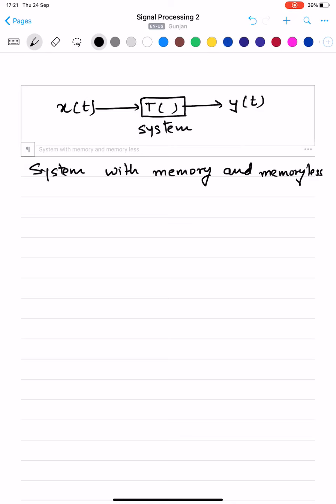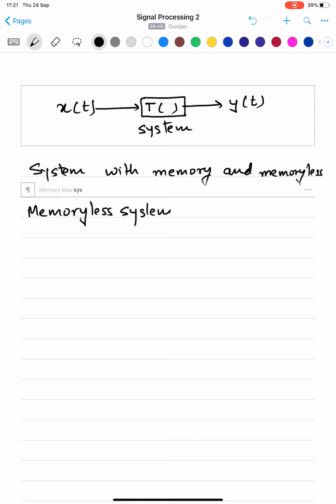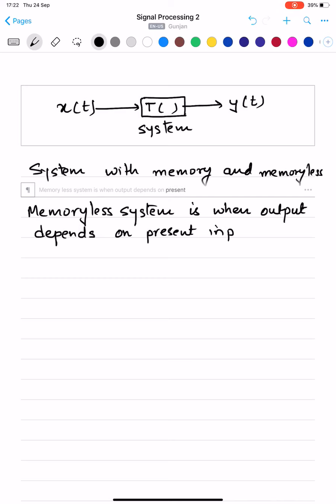If we talk about the memoryless system, it is when the output depends upon the present input, or basically we can say it doesn't depend on the past.